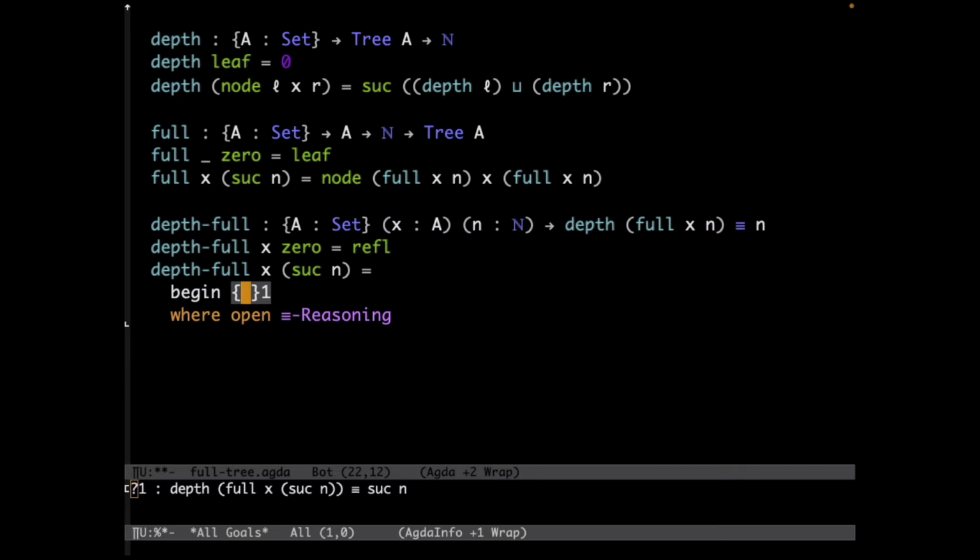And now I say I want to make a chain of steps. To make a chain of reasoning steps, you need to use this operator that is called equiv, and then you give a bracket. So it has this form. Let me put in question marks.